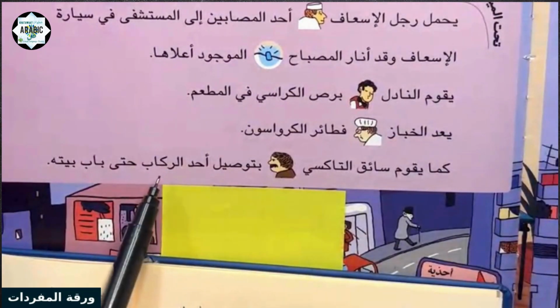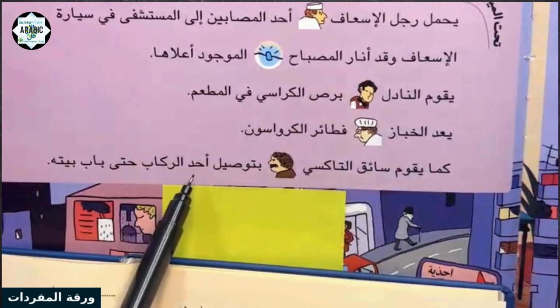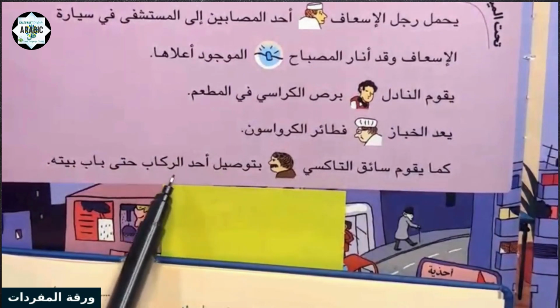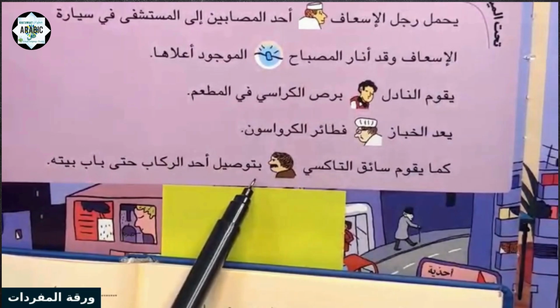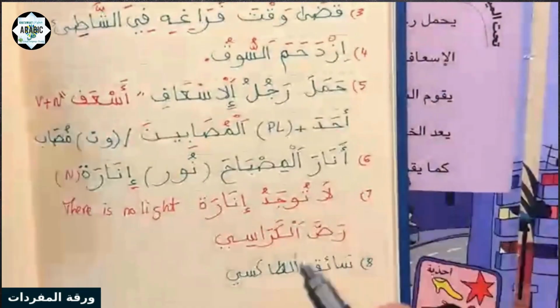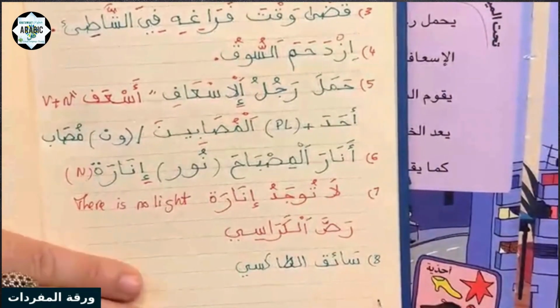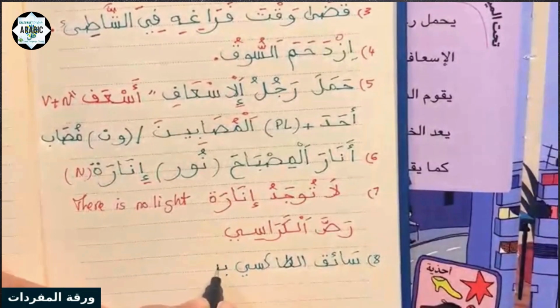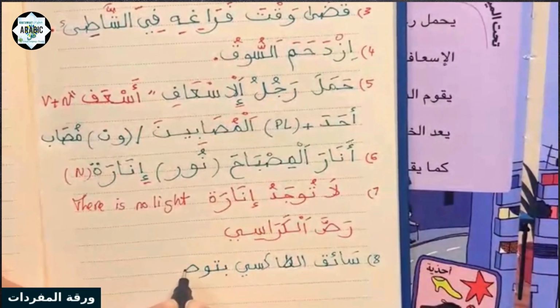توصيل أحد الركاب. Do you see I have another example of أحد plus plural, which is amazing. I can just remember it here and come across this concept of putting one of plus a plural. قام سائق التاكسي بتوصيل.